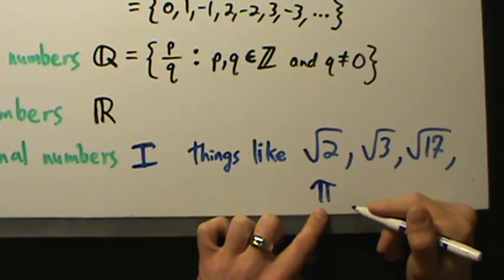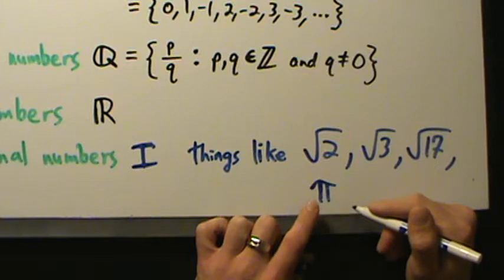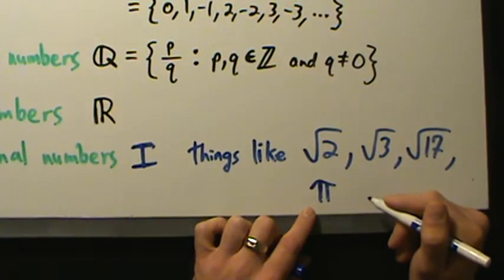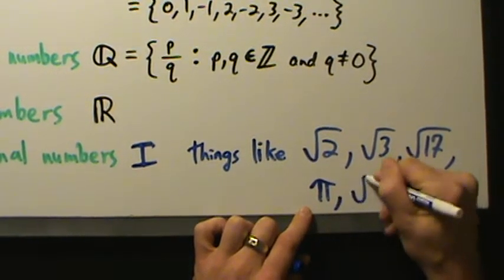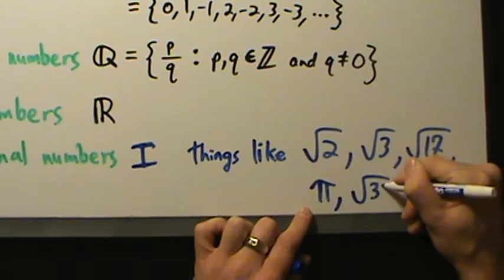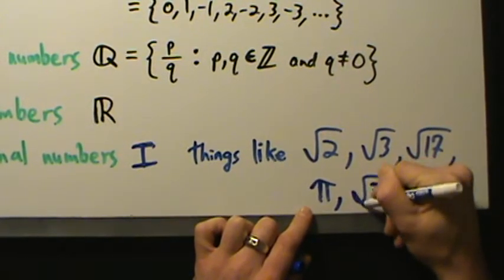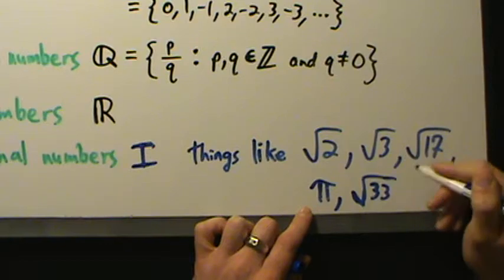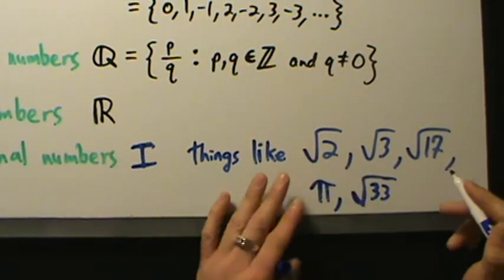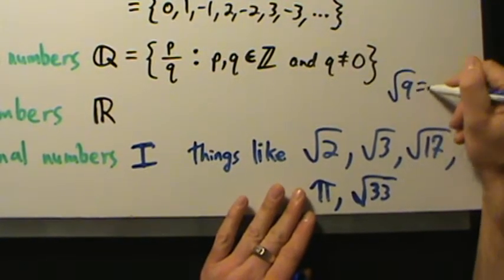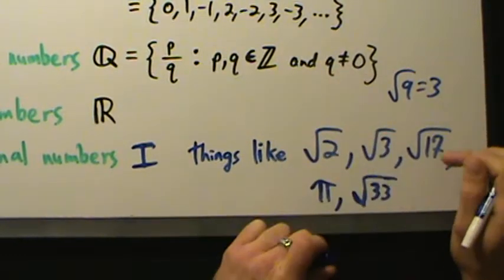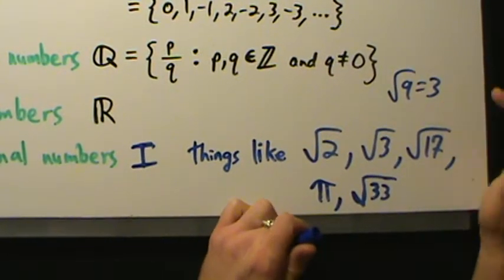It relates to circles, like the area of a circle is pi times the radius squared. Also root 33. Basically, it's the square root of anything that's not a perfect square. Like the square root of 9 is 3, so that's not irrational. That's actually an integer, which makes it rational also.